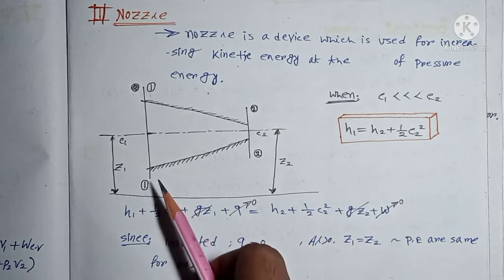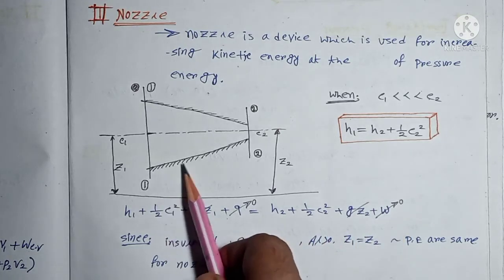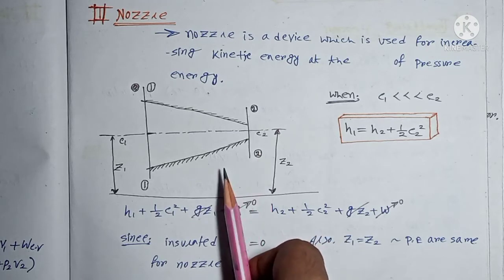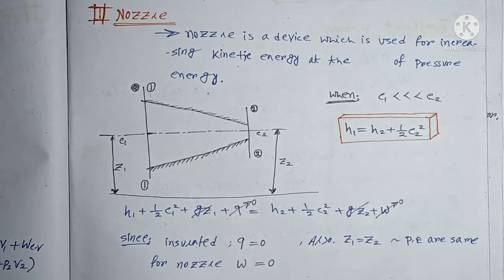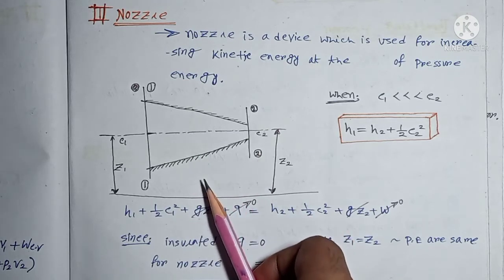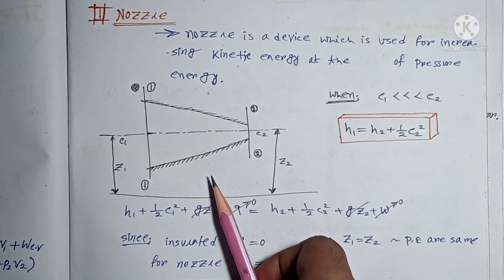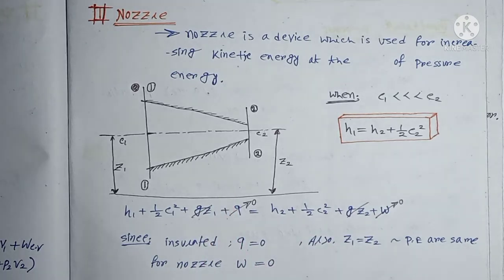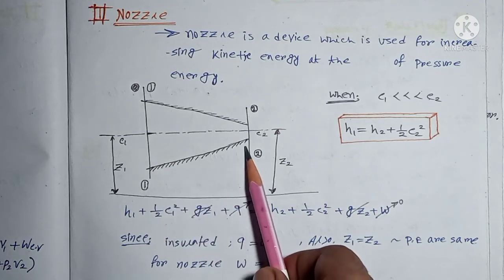And already here I indicate the wall of the nozzle as an adiabatic wall, meaning there is no heat interaction from this wall to the surrounding or atmosphere. But one thing always remember, whatever I say here are all basically assumptions. There is no restriction that this wall will always be adiabatic.